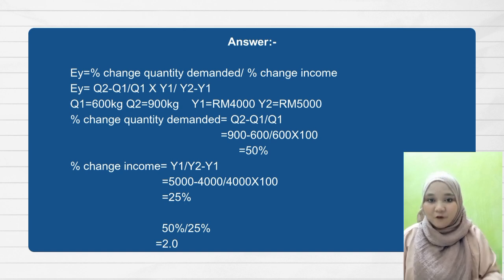So we use the formula for EY equals percent change in quantity demanded per percent change in income. We get 50 per 25 equals 2.0.